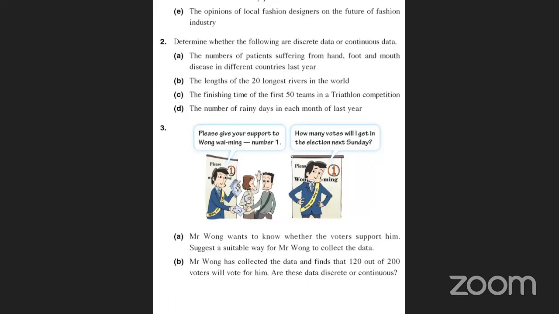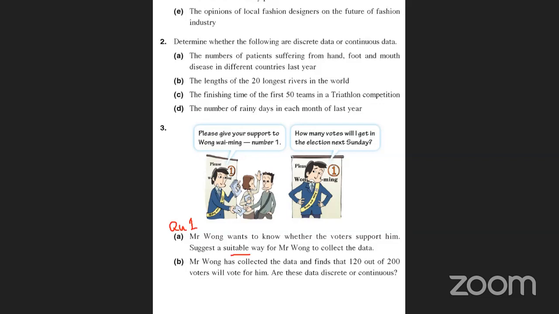Right, and then for number 3, it's just together. 3A is just the same type of question as question 1. Okay, what's your questions, Adrian? For 3A, it is similar to question 1. You need to find a suitable way to collect the data.